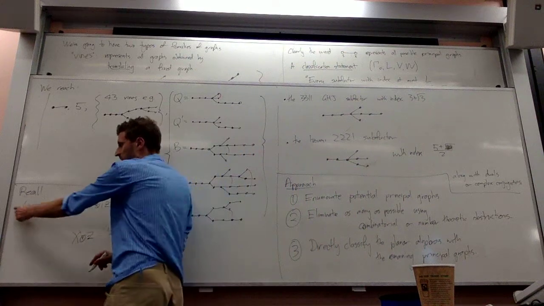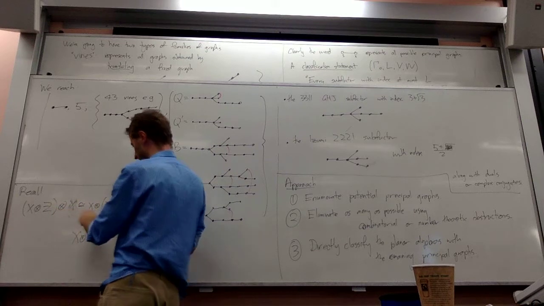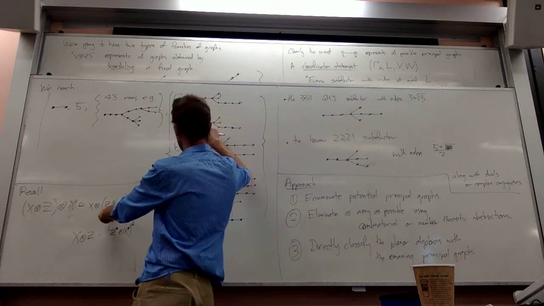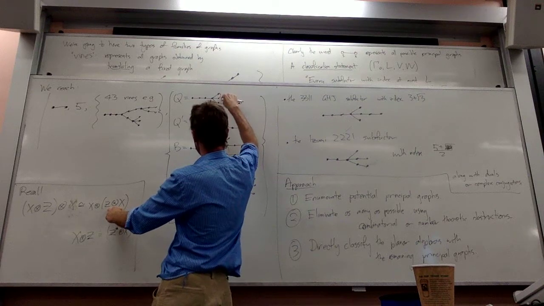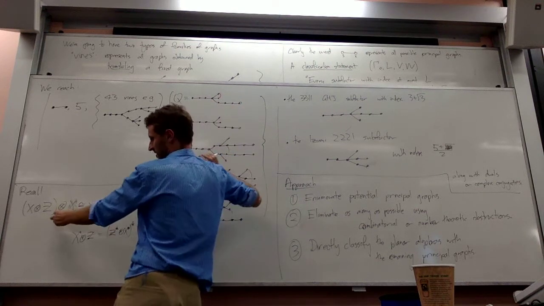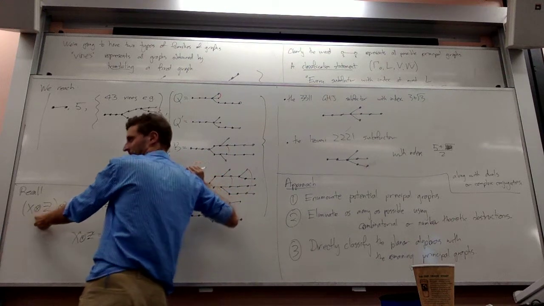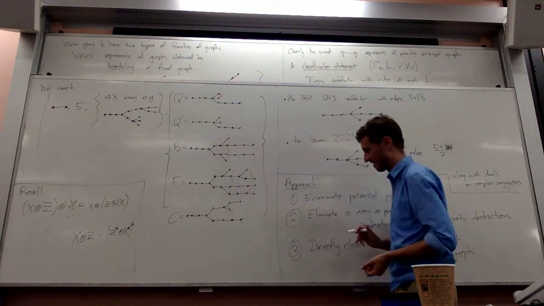And so this just becomes some combinatorial equation. This is basically saying if you start at some vertex z and then follow an edge, and then follow a duality, and then follow another edge, that's got to be the same thing as taking duals, following an edge, following a duality, and following an edge. And that's some combinatorial constraint on these graphs.